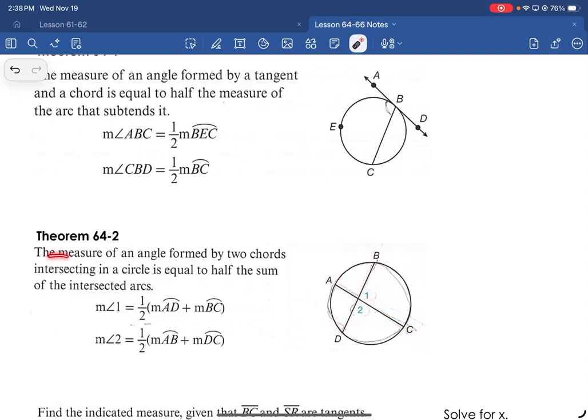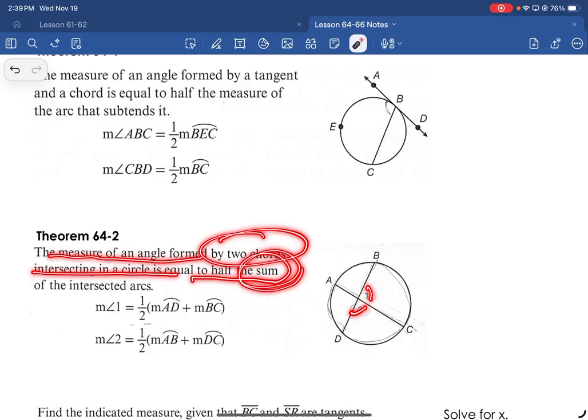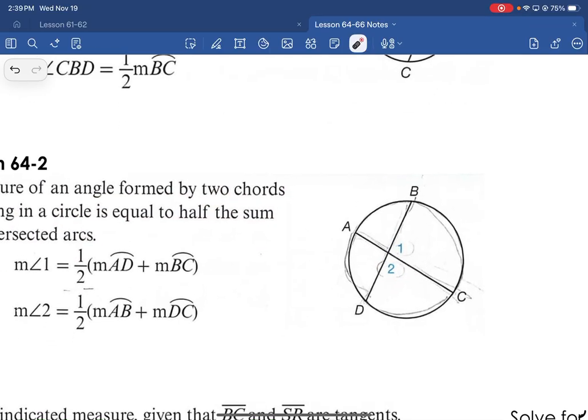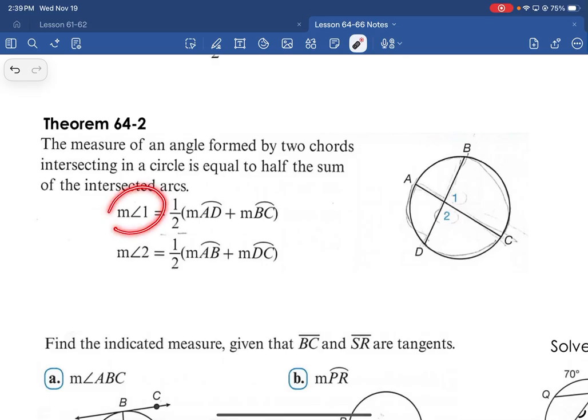All right, so the measure of an angle formed by two chords intersecting in a circle. So you see angle 1 and 2. It's equal to half the sum of the intersecting arcs. So what that means is measure of angle 1 is half of AD and BC. So here's angle 1.